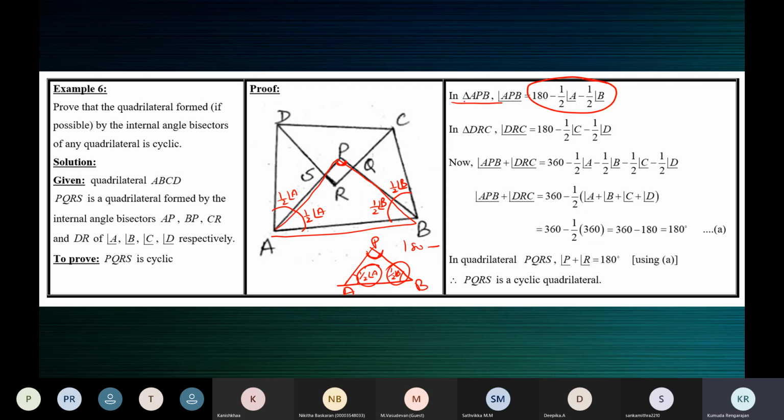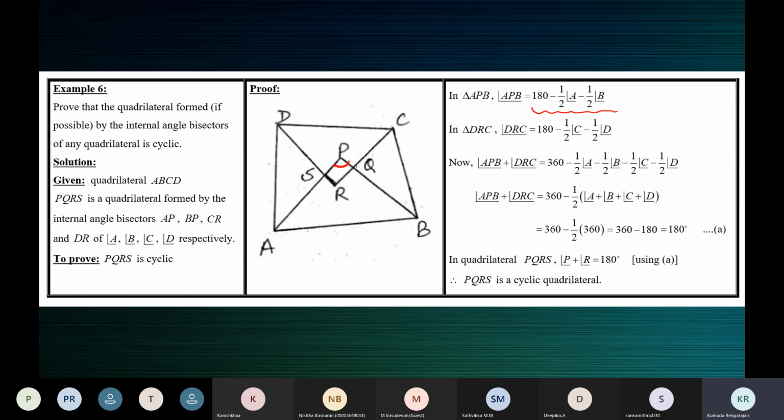Angle APB is equal to 180 minus the two angles, half of angle A and half of angle B. Like this, we found the expression for angle P: 180 minus half angle A minus half angle B.